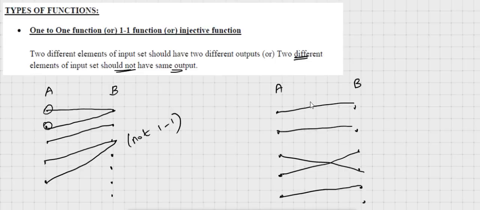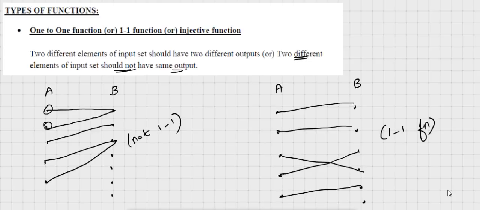Yes, of course it is. Why? Preliminarily it satisfies the definition of a function. That is mandatory. All the elements have output and they have only one output. I am just imposing one more condition on that.